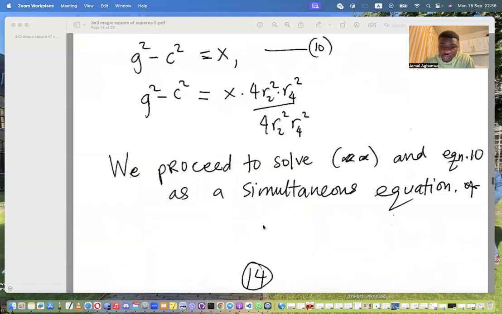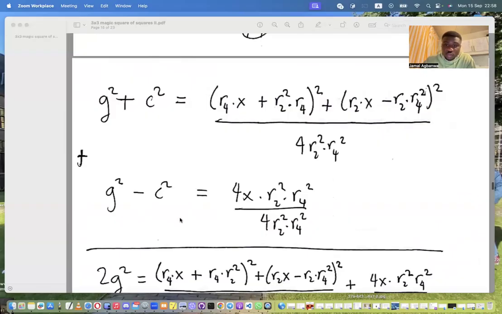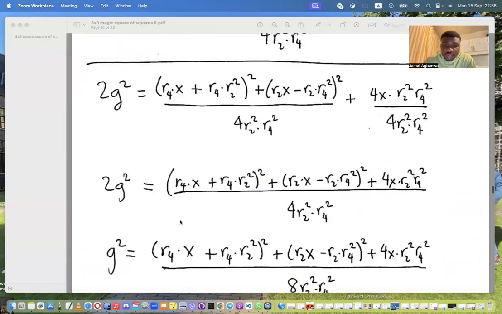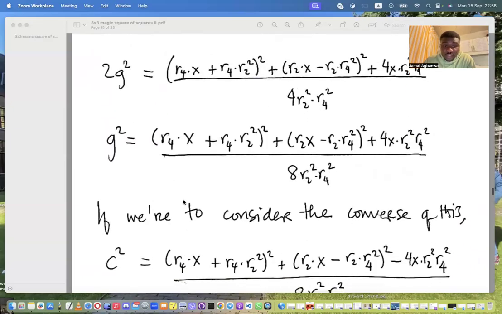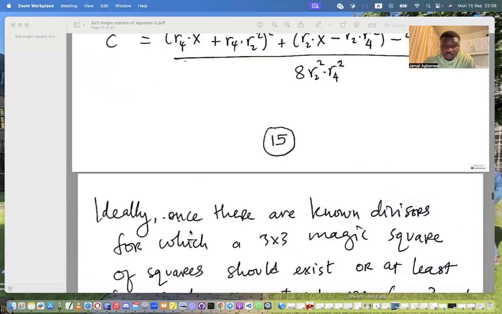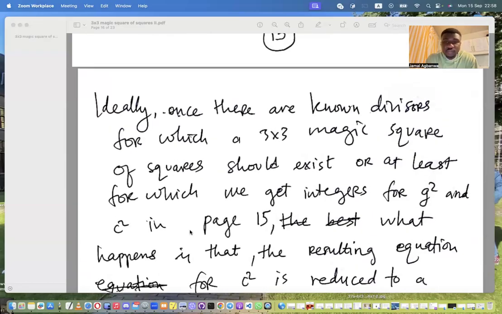So we come down here, we do a bit of simultaneous equations over here, and then we get this formula for g squared and this formula for c squared. And ideally, let me read this properly. Yeah.